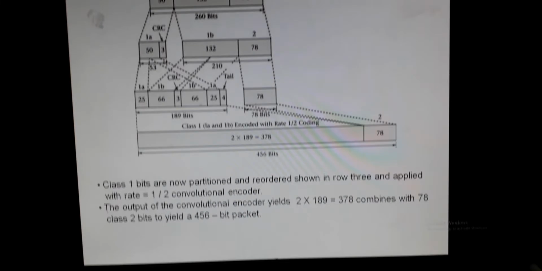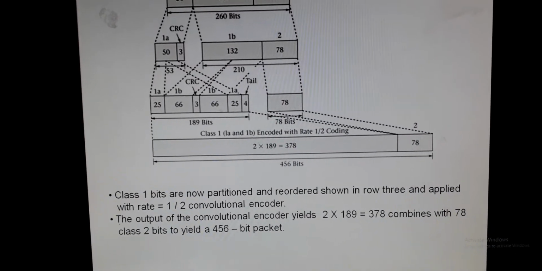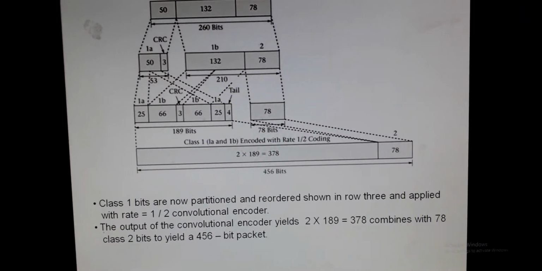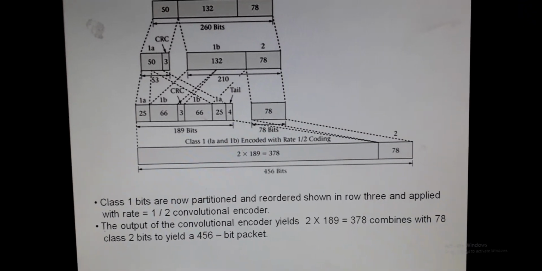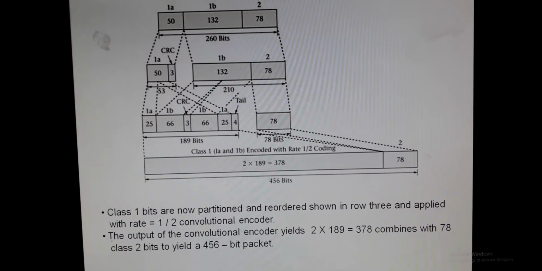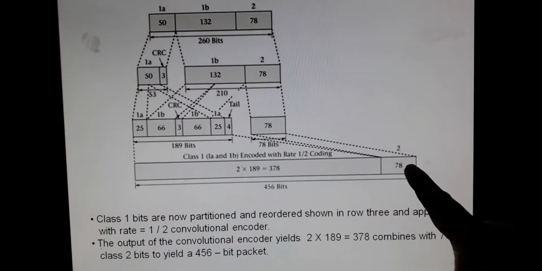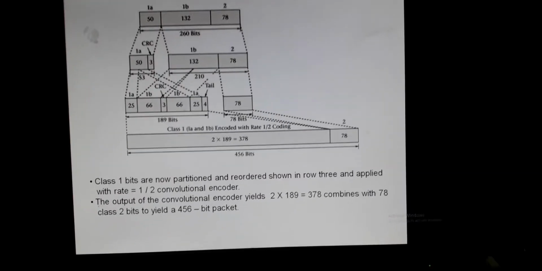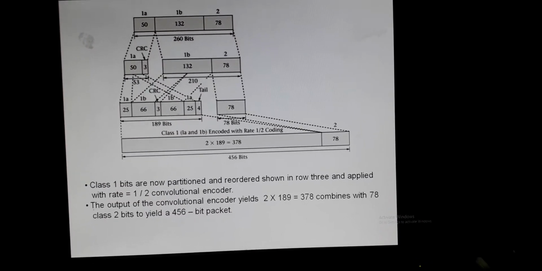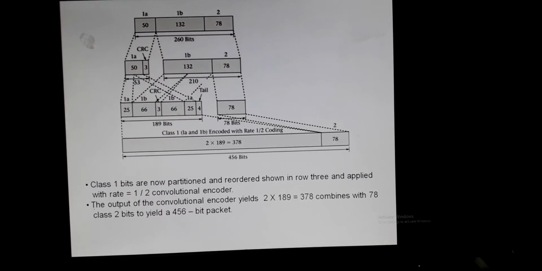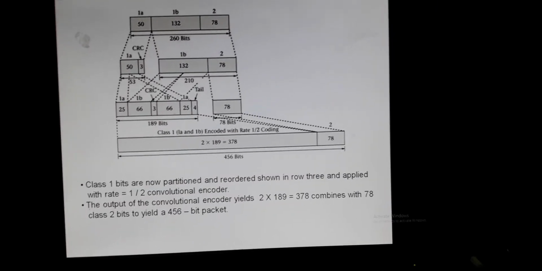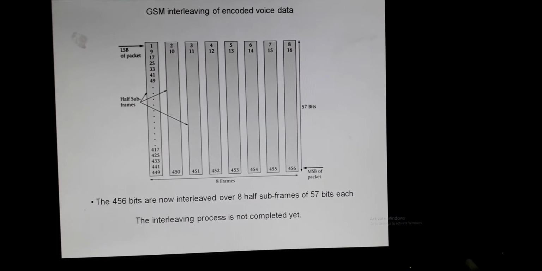Class 1A and class 1B are encoded with a convolutional 1 by 2 rate. So that is doubling. 189 bits are doubled into 378 bits, plus 78 class 2, it becomes 456 bits. So totally we have 456 bits. Out of 456, 378 are encoded with the half rate convolutional encoder.